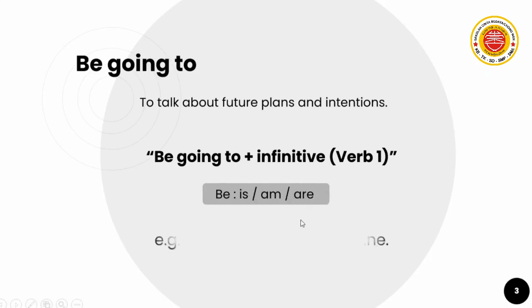For example, contohnya, John be going to call Jane. So this sentence is wrong. Kalimat ini salah. Why? Kenapa? Because we are not supposed to write be here. Karena kita tidak seharusnya menulis be di sini.